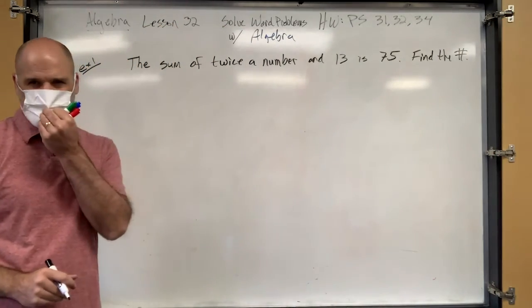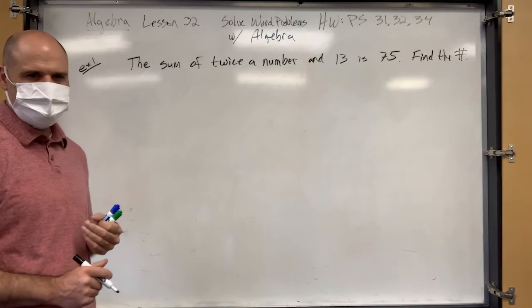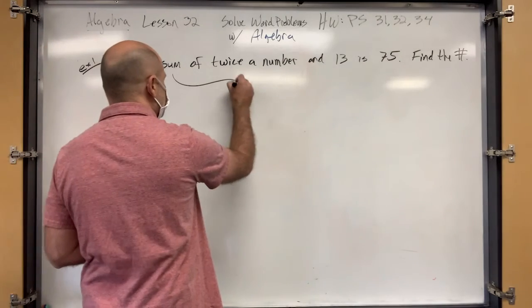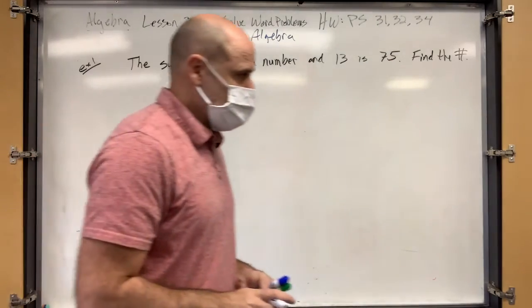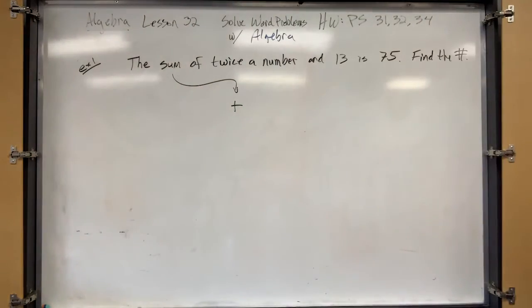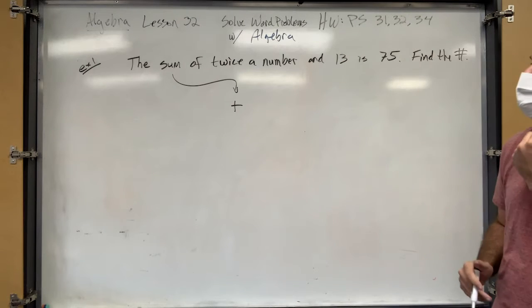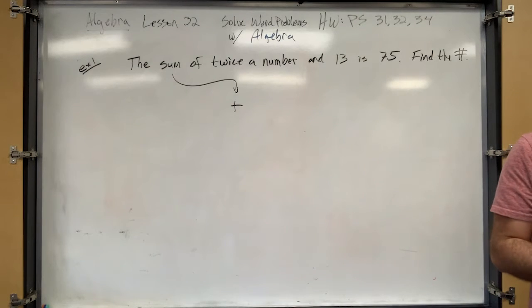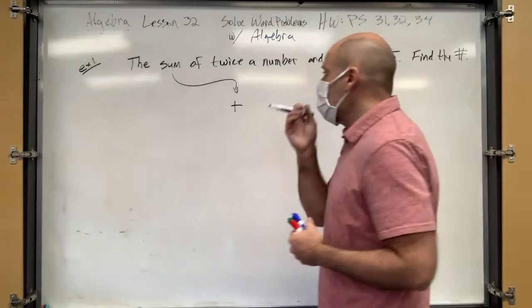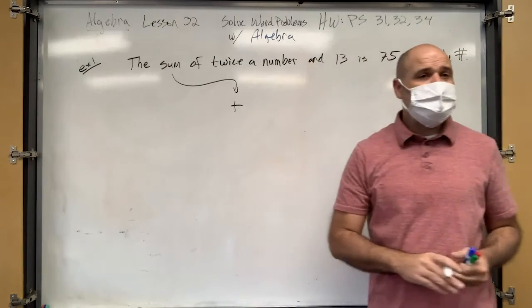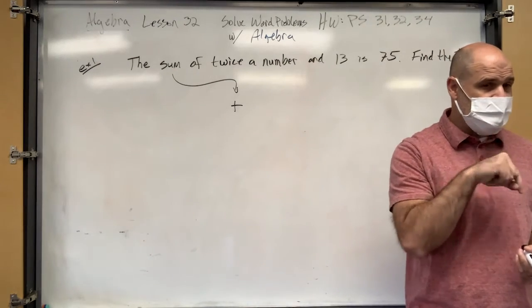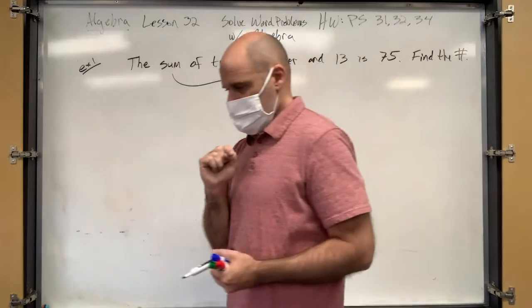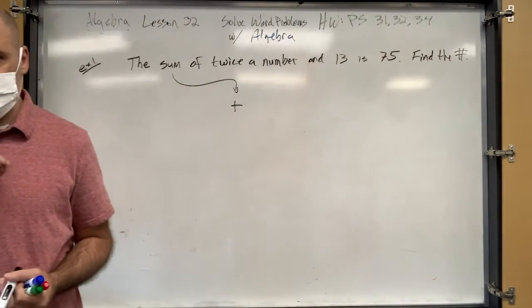What's sum mean? Addition, right? So we know we're going to add a couple things. Whenever you see the word sum, usually you'll see the word of after that. And normally of in math means multiplication, but not here. The sum of, and then you're going to get at least two things. And in this Saxon Algebra 1 book, you will only get two things.